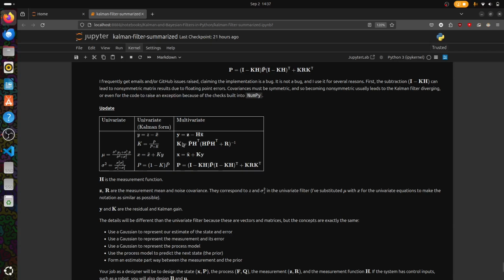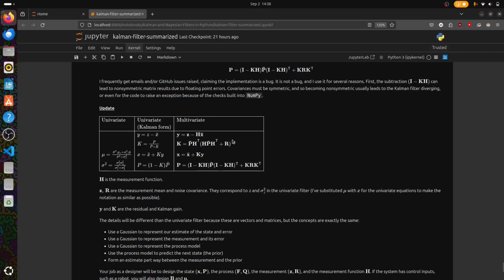And this is the equation for the Kalman gain. What the Kalman gain has is the calculated model covariance, the measurement function, the one that converts units, and then the R, which is our measurement noise covariance.